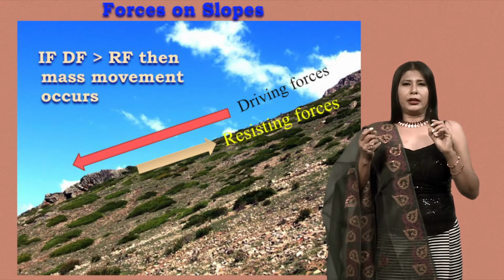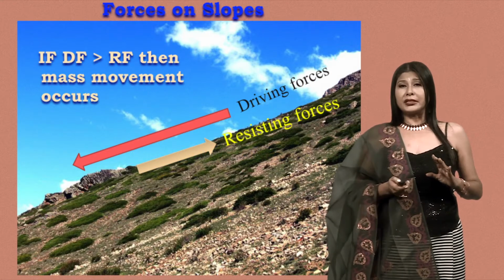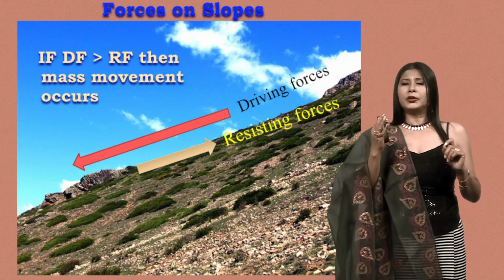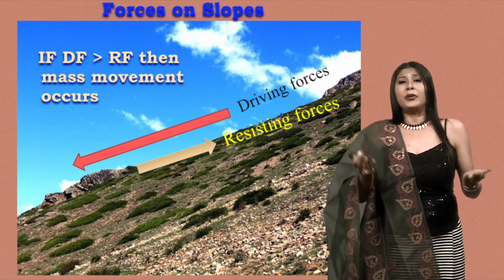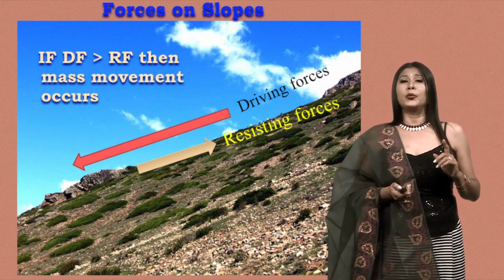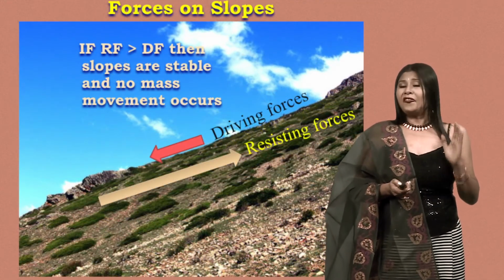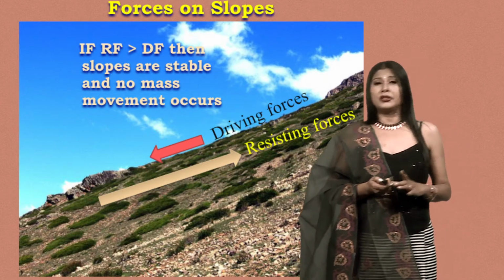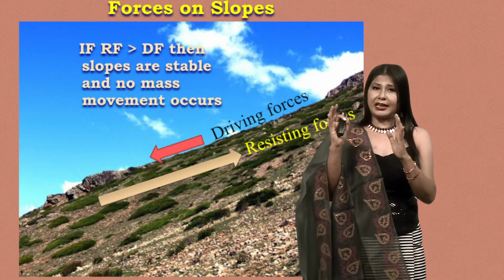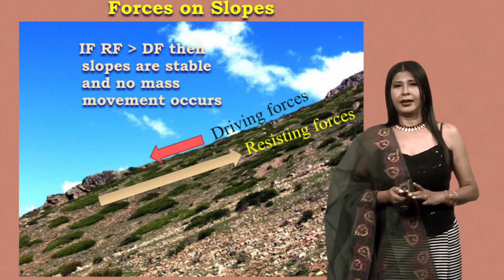If DF is more than RF, then the mass movement will occur. In the opposite way, if the driving force is less and the resisting force is more, in other words, if RF is more and DF is less, then the slopes are stable and no mass movement will occur.